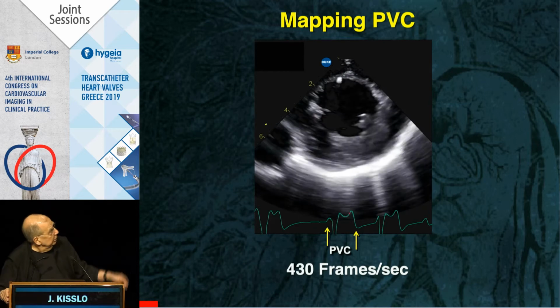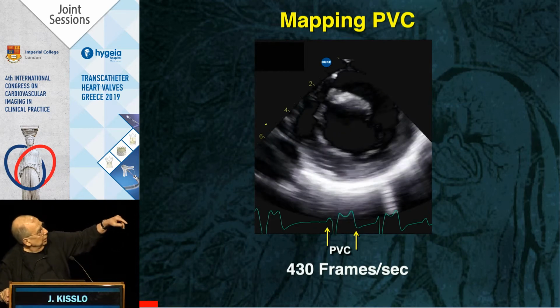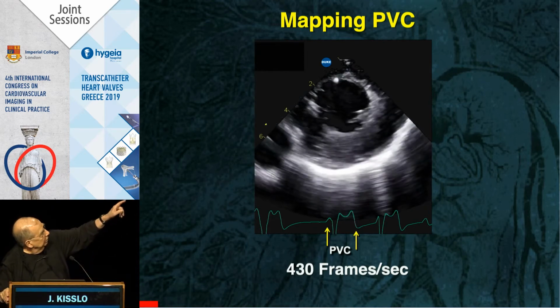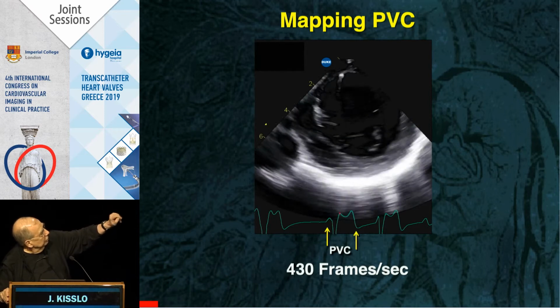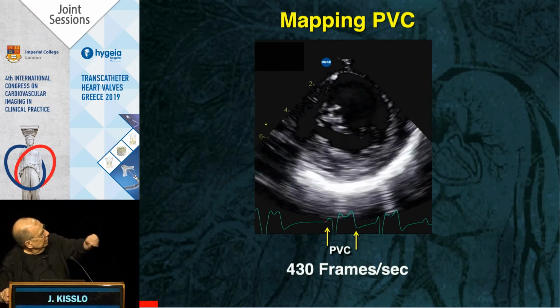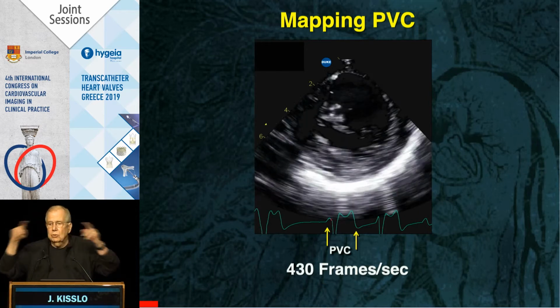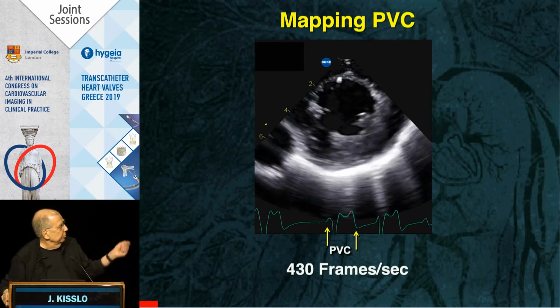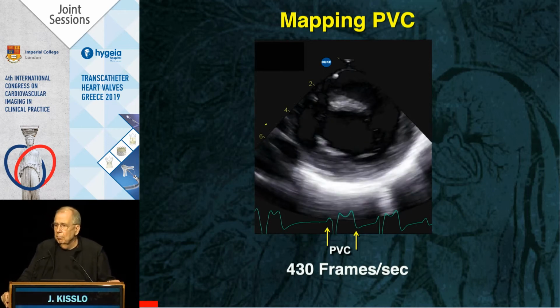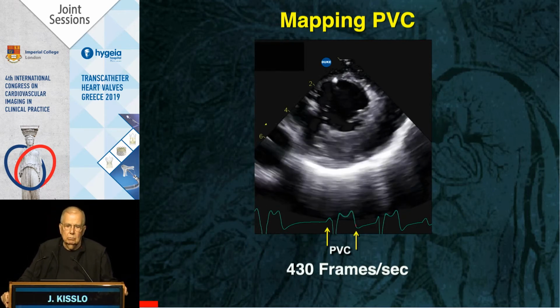Here's just a catheter inserted. This is an intravascular catheter. It's in the ventricle, done at very high speed. You can see it up against the septum, that very bright dot. And you can see the contractions we have mapped. Actually, this is a PVC. We're able to map the origin of PVCs now.